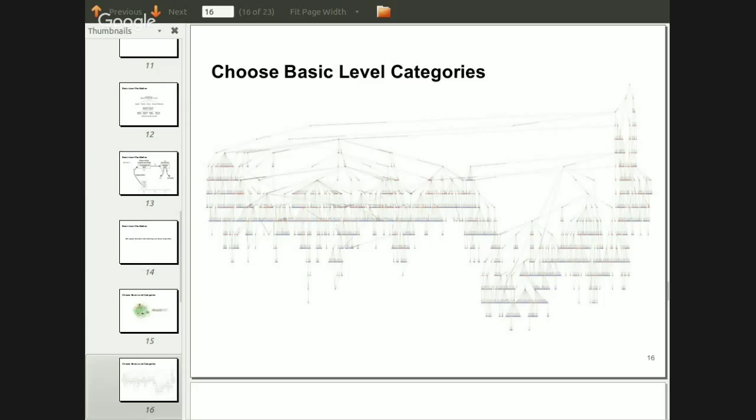The blue nodes are the 1,000 categories that we already use in the ImageNet dataset.